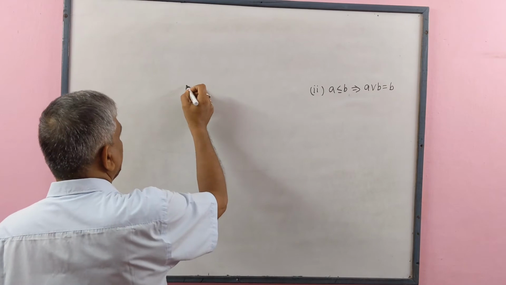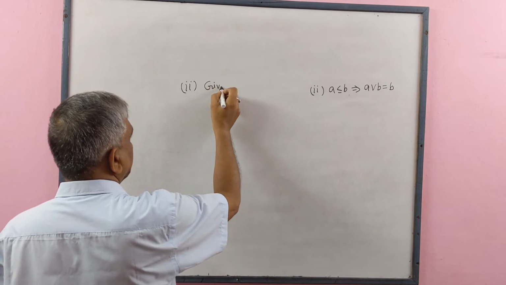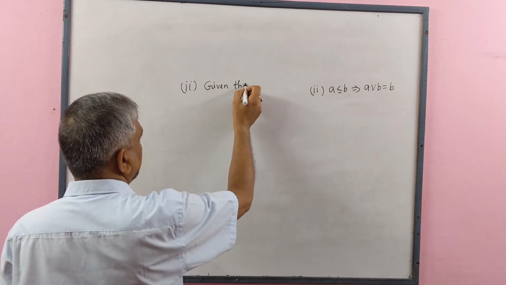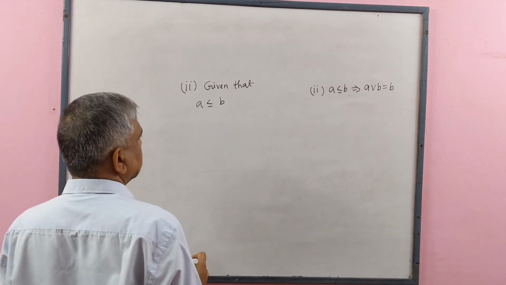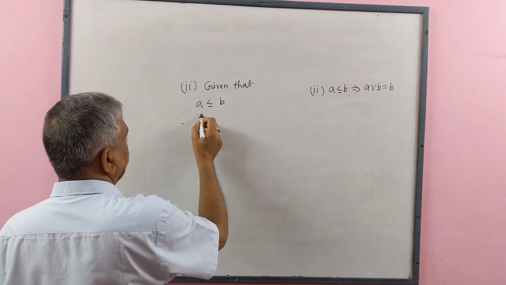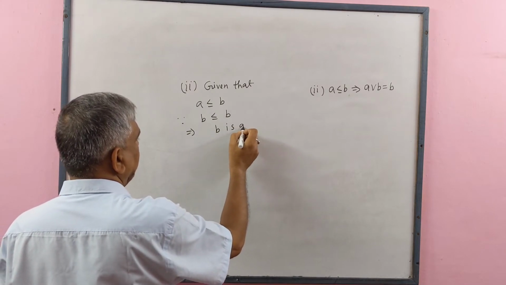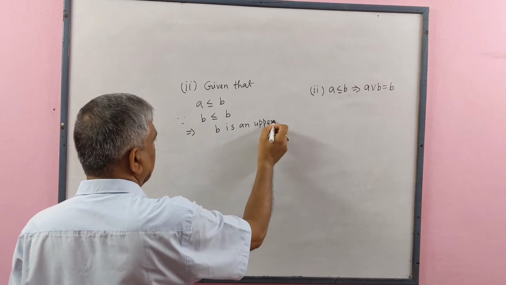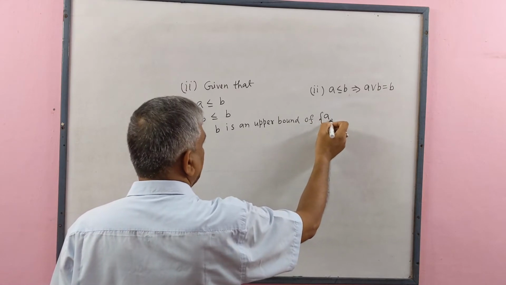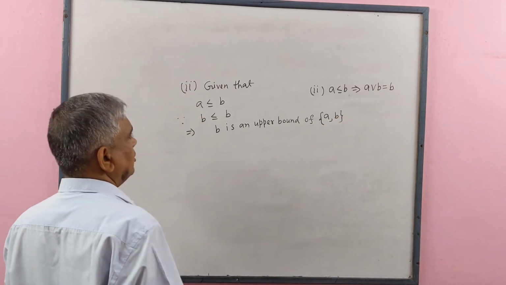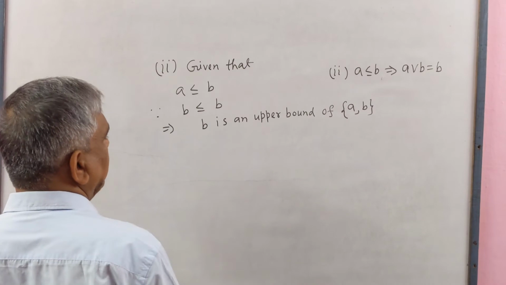Now we shall prove number 2. Given that A less than equal to B, and since B less than equal to B implies that B is an upper bound of the set containing elements A and B. B is an upper bound.